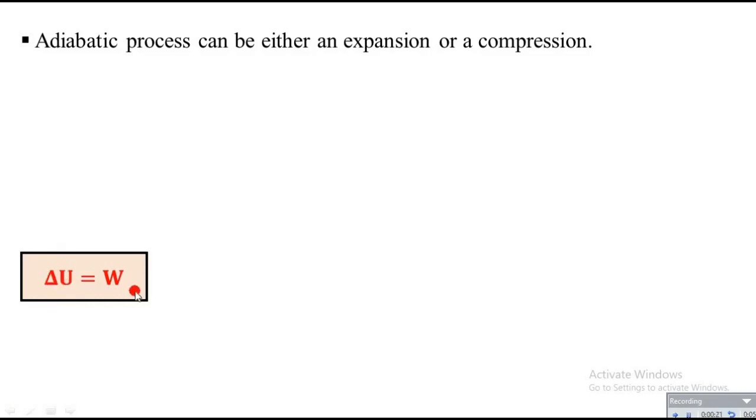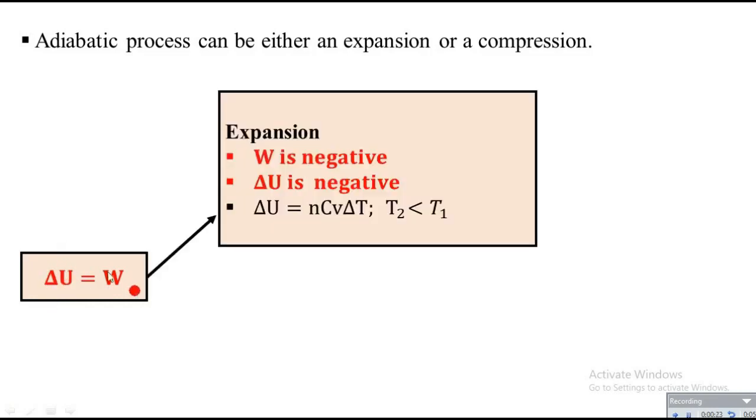When you have expansion, remember the work done is negative because the system is doing the work. The work done is negative, and delta U is also negative.